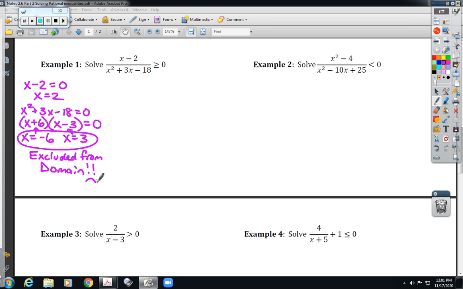Okay? This one is a 0 of the graph. Any 0 for the numerator is the 0 for the graph. Okay? Once we have these values, 2, negative 6, and positive 3, we take these to our sign chart.